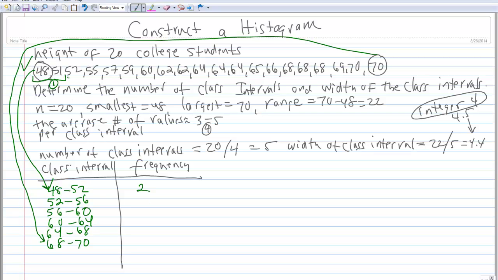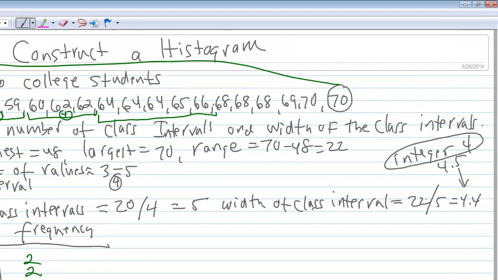Then we go from 52 to 56, excluding 56, we see there are 2 there. 56 to 60, excluding 60, we see there are 2 there. From 60 to 64, excluding 64, we see there are 3 there. From 64 all the way up to 68, excluding 68, there's 5 there.